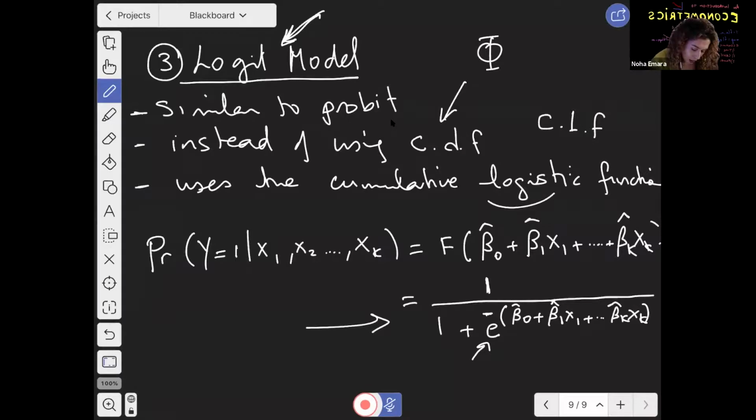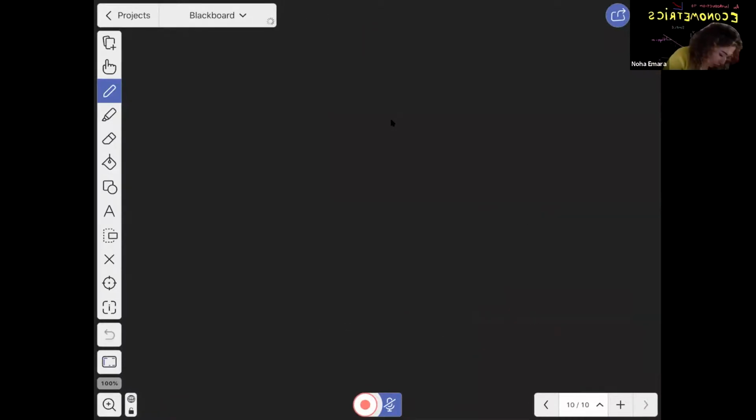So let's take the same example. Again, this is a very simple example.